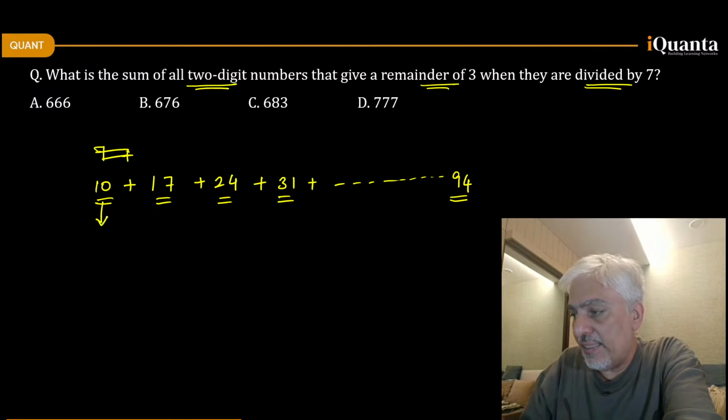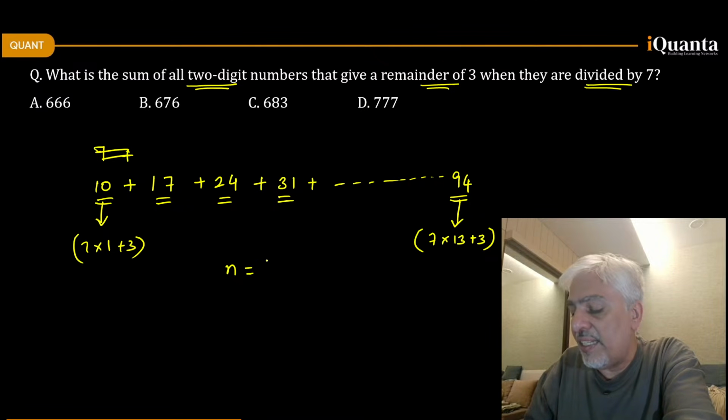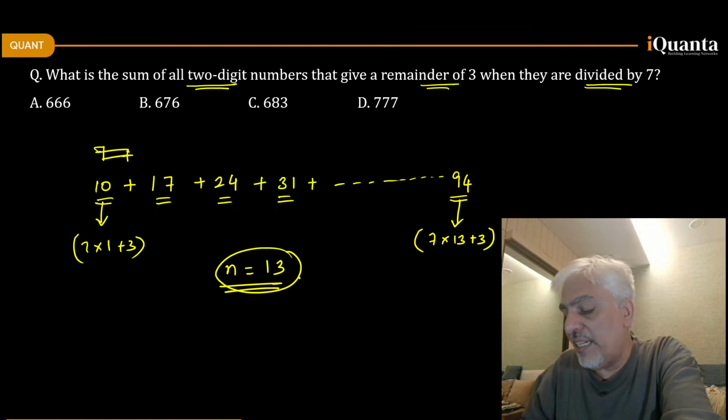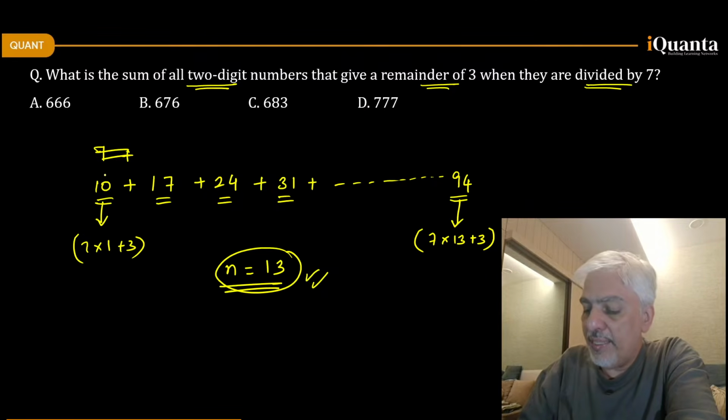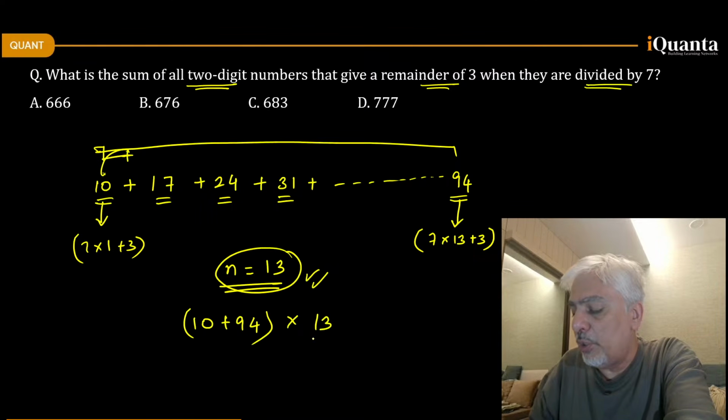This is 7 ones are 7 plus 3, and this is 7 13s are 91 plus 3, which means there are 13 numbers. So जो सबको पूरा अगर AP का फॉर्मूला नहीं आता है, तो there are 2 methods when you have 13 numbers. Take the first number and last number, add them up, and multiply by 13 upon 2.